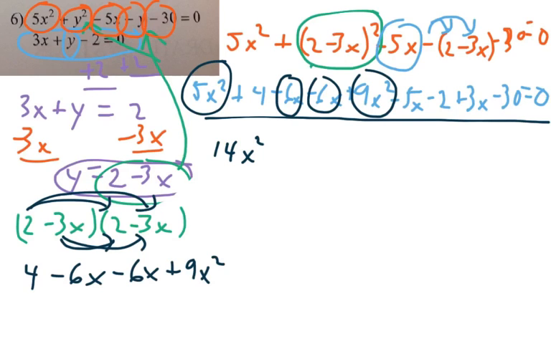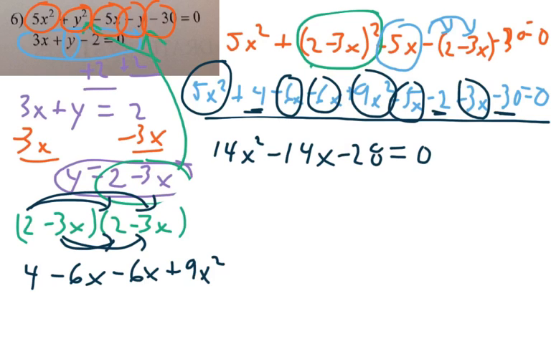Minus 6x, minus 6x, minus 12x, that is. And then minus 5 would make minus 17x. Plus 3x would be minus 14x, right? And now the only thing left are my numbers. So I have a 4 minus 2 is 2. 2 minus 30 is negative 28, equal to 0.